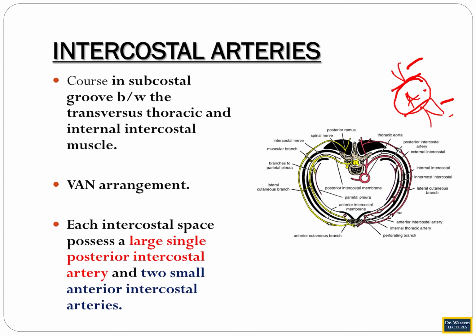In this whole pattern, anteriorly each intercostal space will have two arteries, and posteriorly just one. The anterior intercostal arteries are smaller, two in number in each space, and the posterior intercostal arteries are single, larger and longer also.